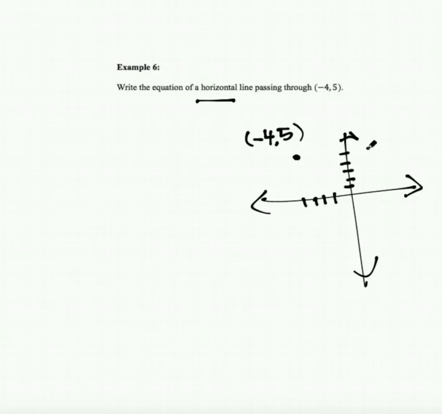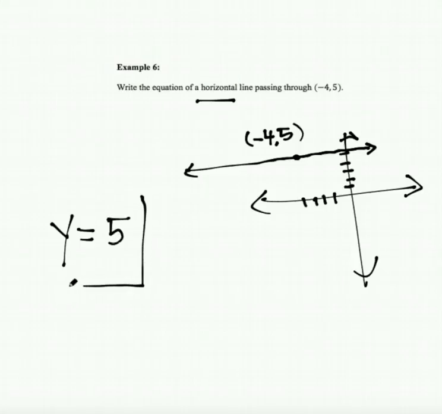This time I have a horizontal line passing through that point. Okay? So similar to when we did the vertical line, look at this line. It's cutting through the y-axis. So that should indicate to us that my equation is going to be y equals something. Well, what y value am I passing through? I'm passing through 5. So the equation of my line is simply y equals 5.